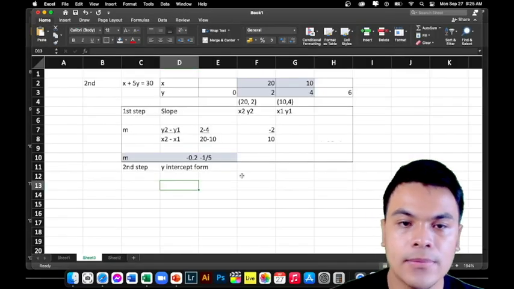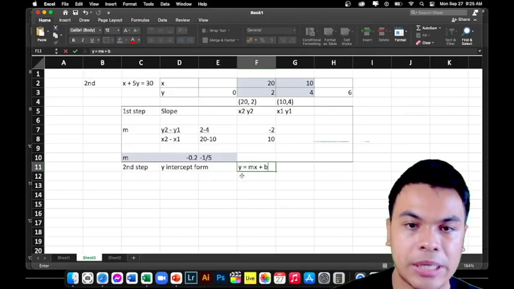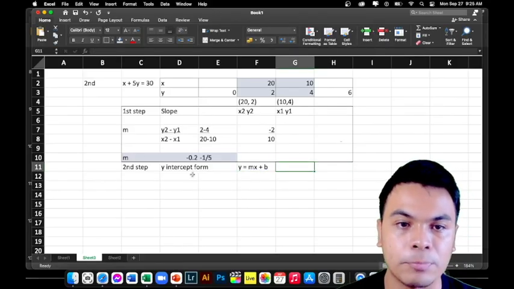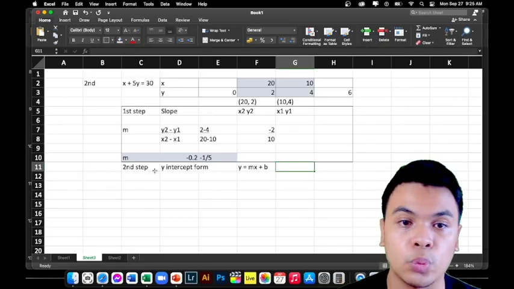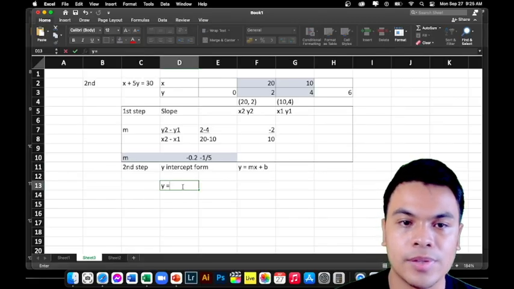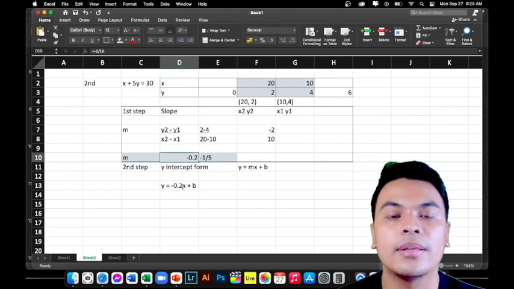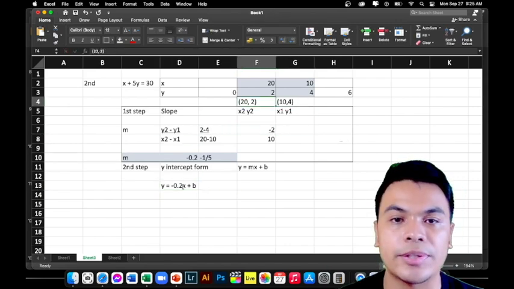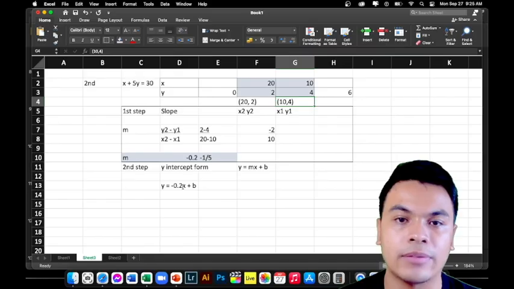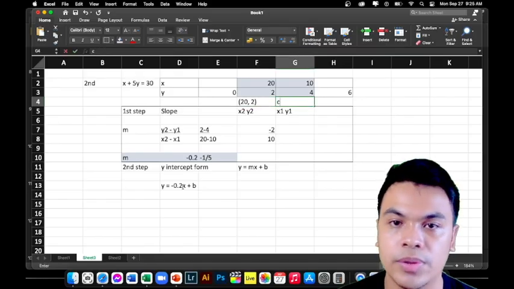We now have the value for m, which is negative 0.2. So y is equal to negative 0.2x plus b. We have the coordinates earlier, 20, 2 or 10, 4. We can use whichever we like. Let's use this one.